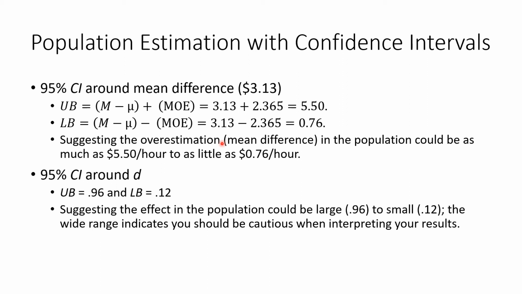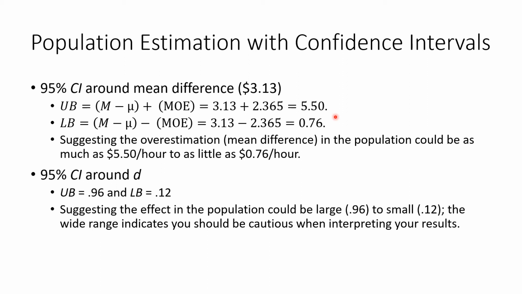However, when I interpret this interval, obviously an overestimation of $5.50 an hour is a huge effect. If that were going on, you would definitely want to try and correct that overestimation. But I would say even an overestimation of 76 cents is pretty sizable.